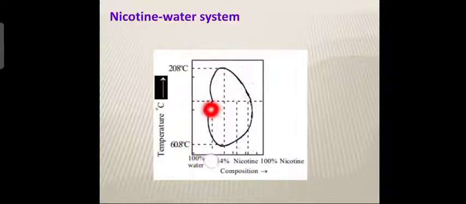On the other hand, when you decrease the temperature from 95 degrees Celsius to 60.8, mutual solubility goes on increasing by lowering the temperature. It reaches a minimum, and the minimum temperature corresponds to 60.8 degrees Celsius. And what is the percentage over here? 34% nicotine. That means the rest of the amount is water.